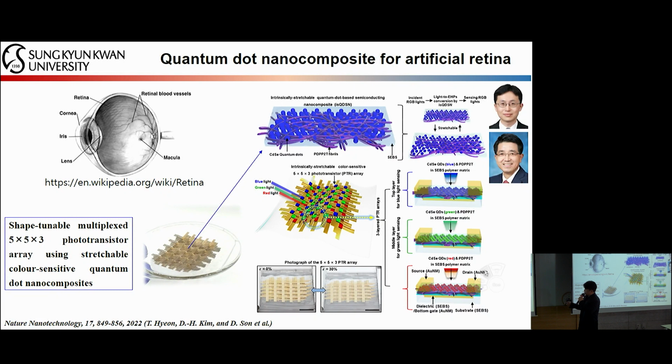As you can see here, each of the RGB pixels in a three-stacked layer was integrated in a misaligned manner to receive the incident light information without any shadowing or interference.